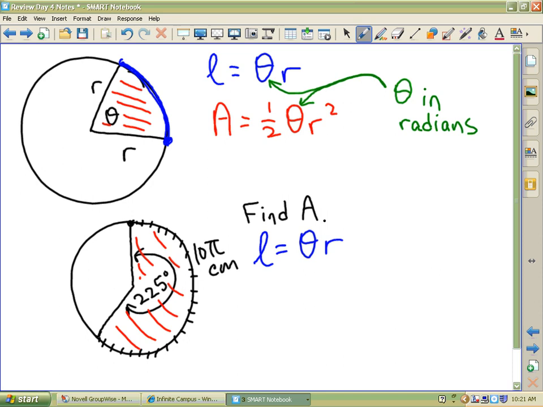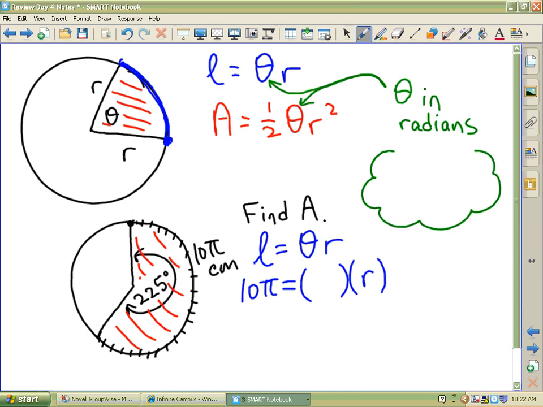Arc length is theta r. Arc length is 10 pi. And I even know what theta is. Let's convert: multiply by pi over 180.